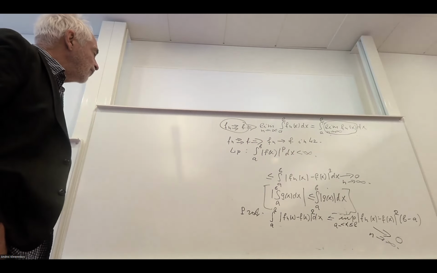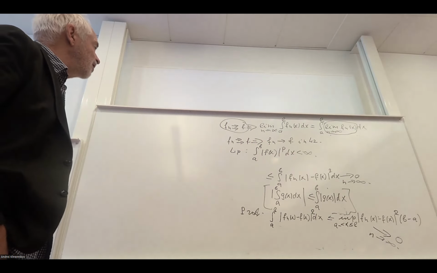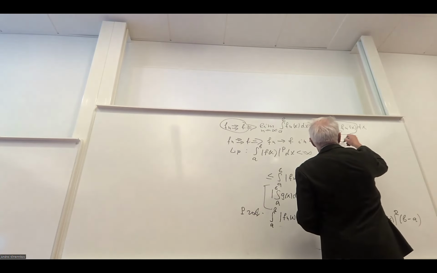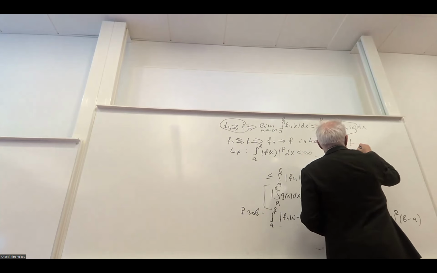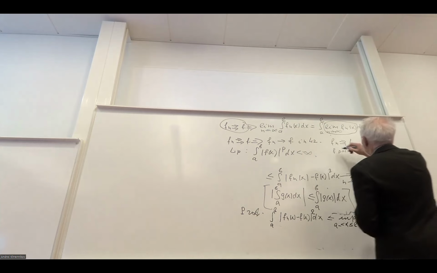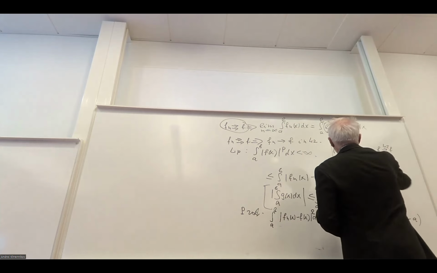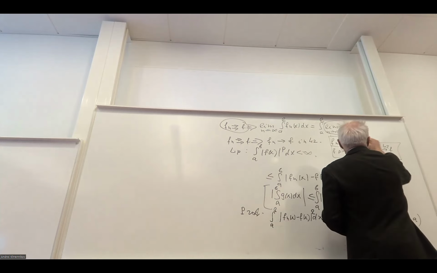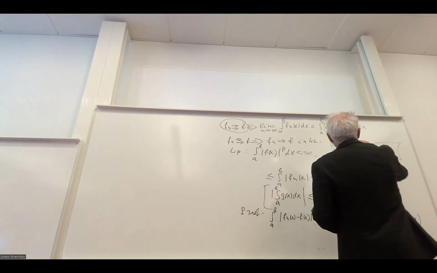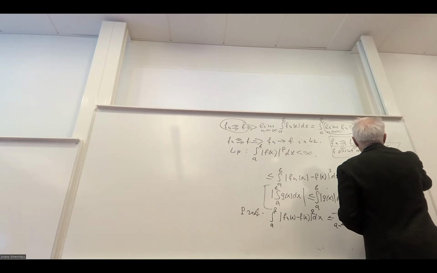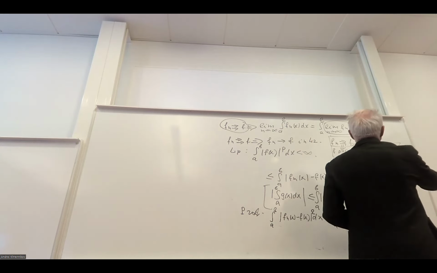Okay, so we study several kinds of convergence. In fact, there are three: pointwise, uniform, and L2, three blocks. So this implies this. This implies this. This does not imply this. This does not imply this.